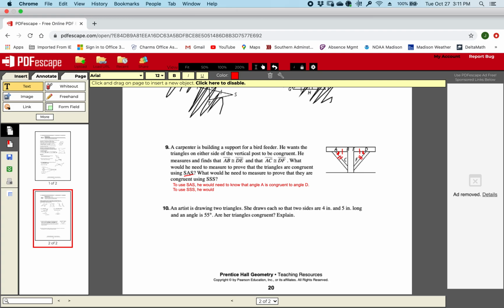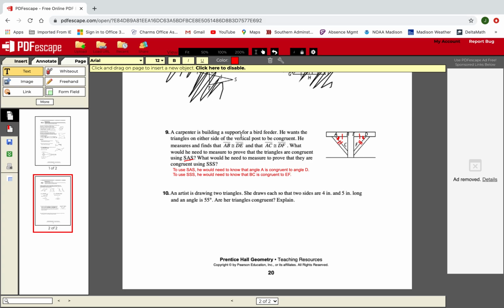He would need to know that BC is congruent to EF. So there's the missing information that he would need in order to use those 2 methods.